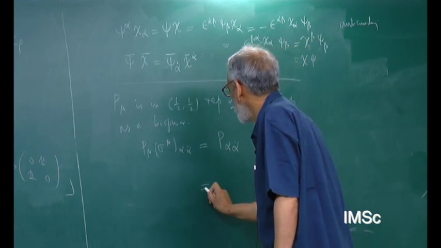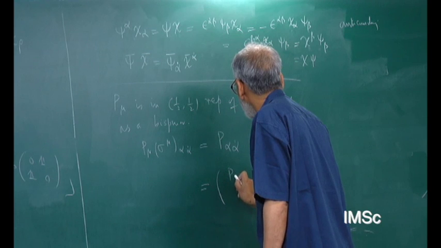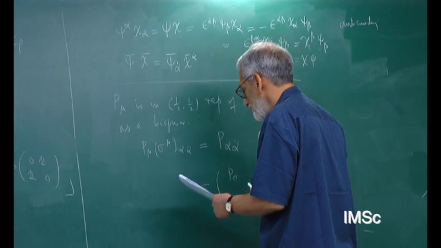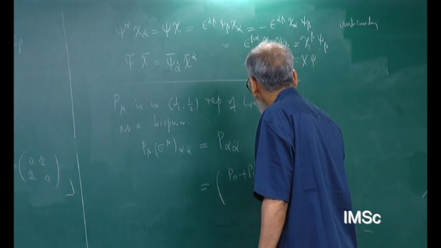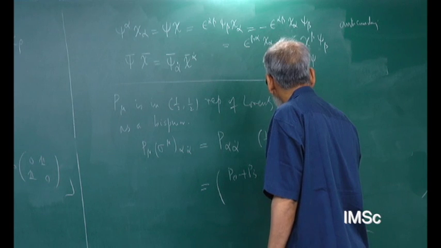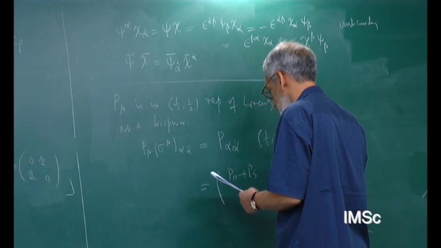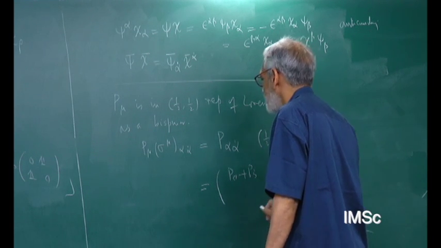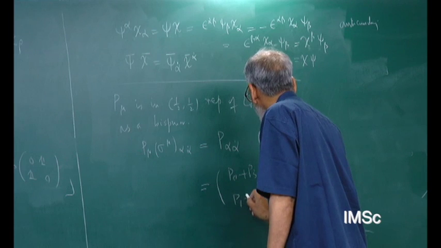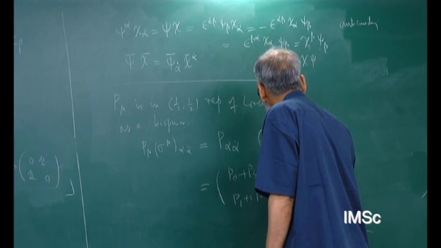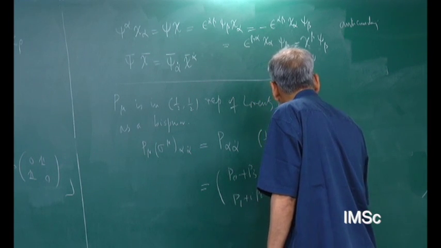And as a 2 cross 2 matrix, what does it look like? P0 plus P3, P1 minus iP2, P1 plus iP2, P0 minus P3.